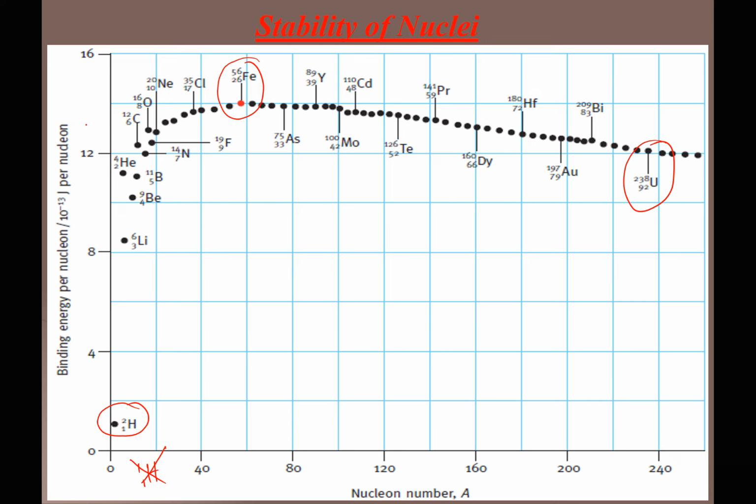Then on the other side we have uranium 238-92, and you notice that uranium has a bigger nucleon number and its binding energy per nucleon is less than that of iron 56-26.